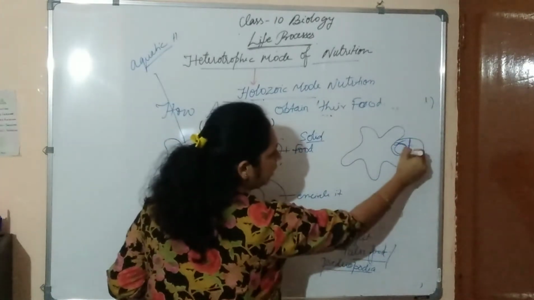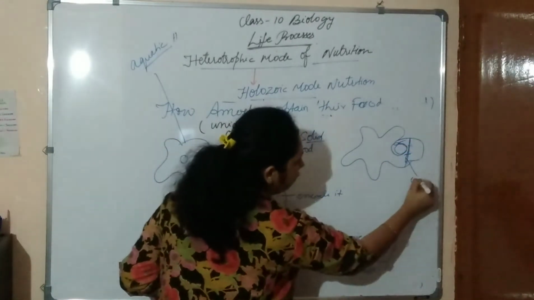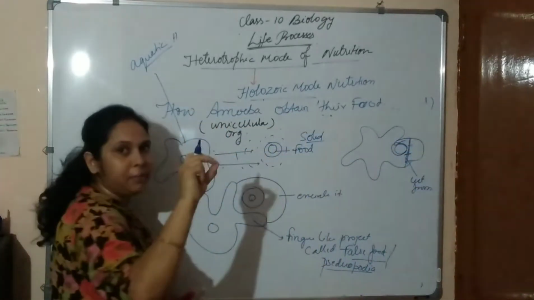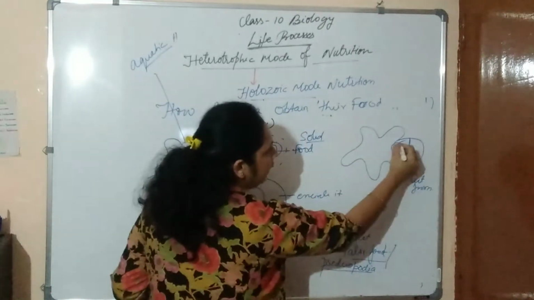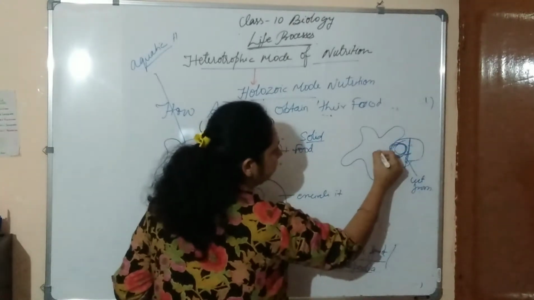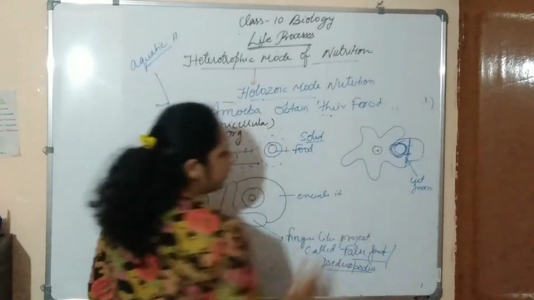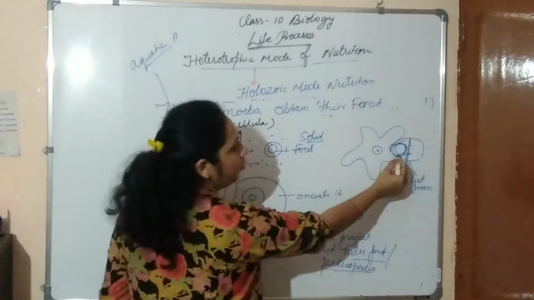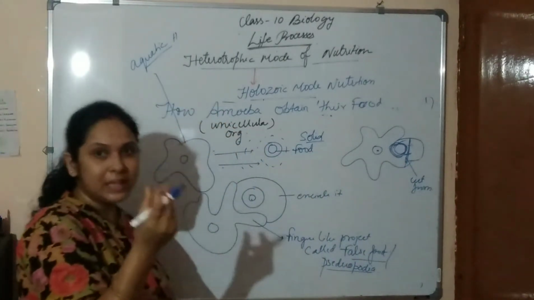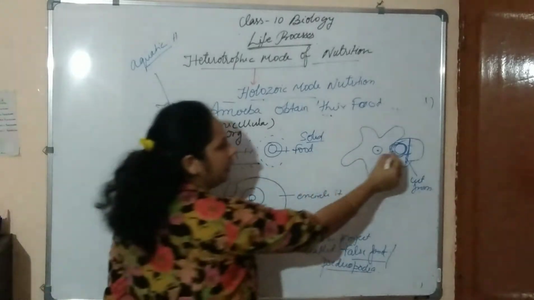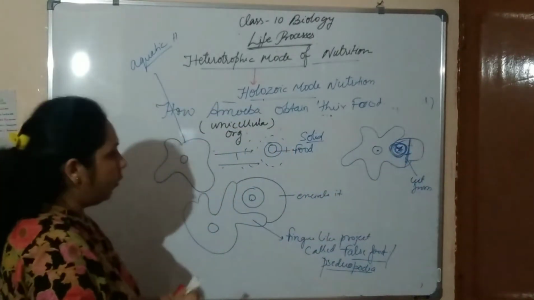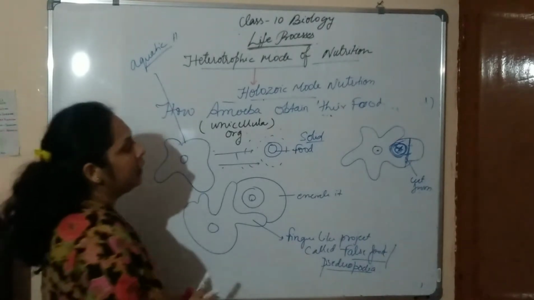Then it is cut from this part, the finger-like projection, and the pinch comes inside. This is the nucleus. Now this vesicle contains food.